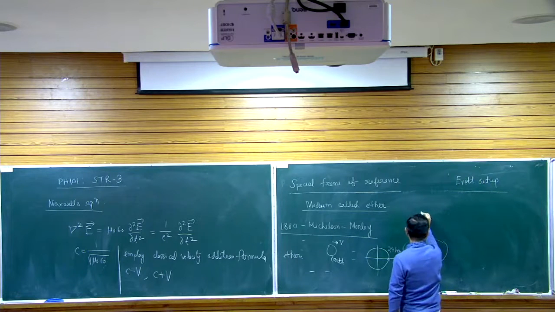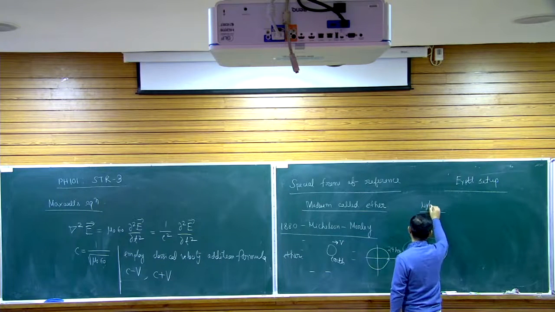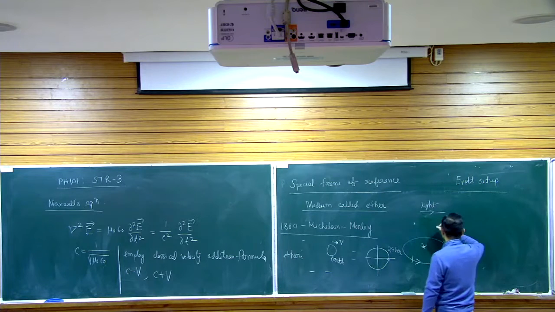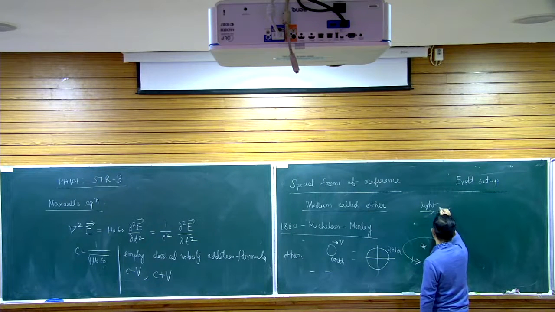An experiment was performed with a beam of light. So here is a beam of light which is traveling from left to right, and the experimental setup is attached on the Earth, and the beam of light is incident on a beam splitter BS.